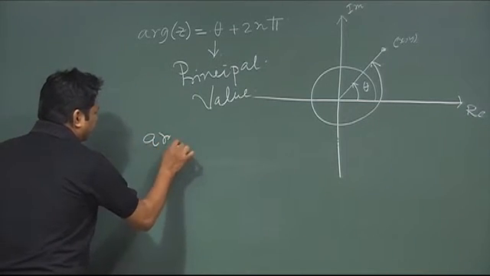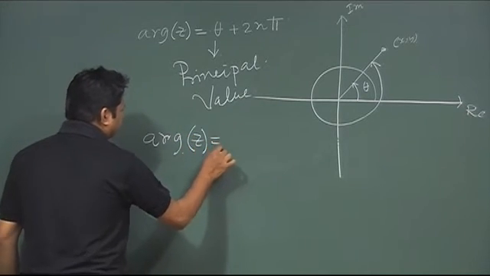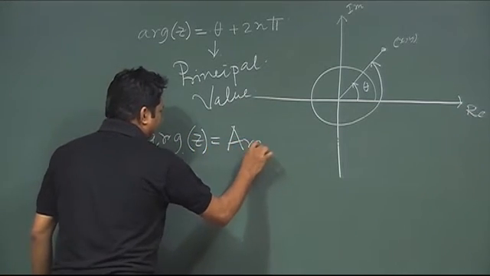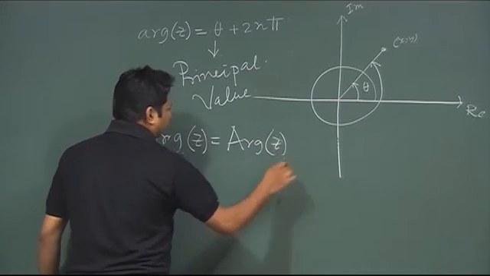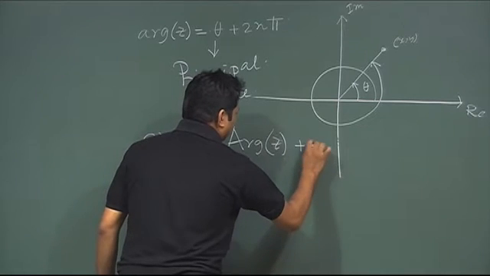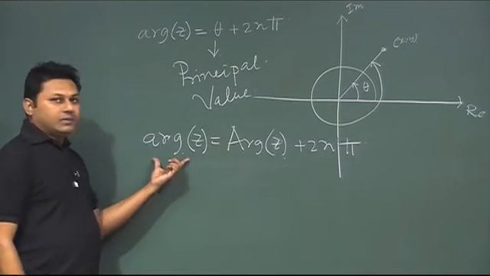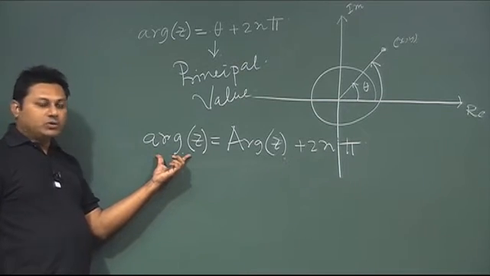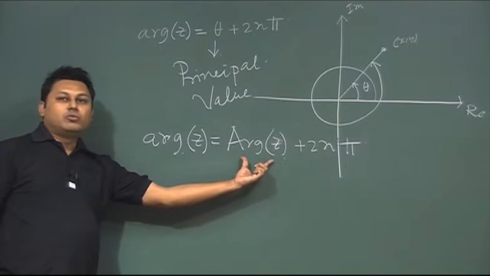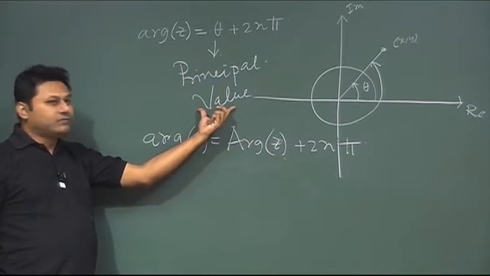Normally, it is represented as argument of z plus 2n pi. This is the argument of z in general, where 2n pi is added, but the capital Argument of z is associated with this theta, which we call the principal value.